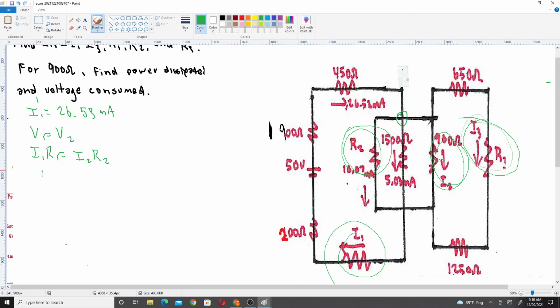Solve for R2 and plug in the numbers, and you get 10.07 milliamps for the denominator and 1500 ohms times 5.03 milliamps.